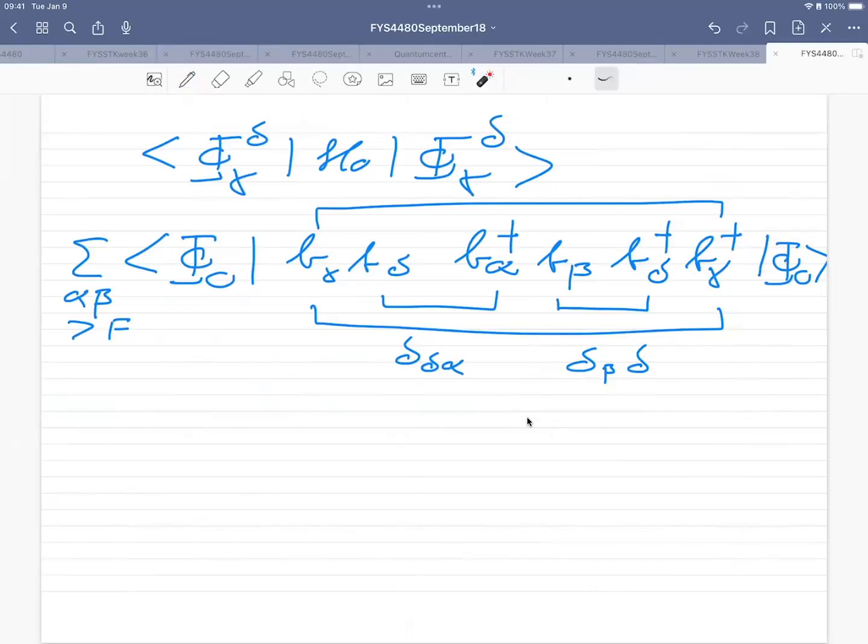Then I'm going to have additional terms. And these additional terms which we have, there's going to be a new term here where we have plus, and let's just set up that one where alpha is larger than F and beta less than F. And then we have the operators, and then I'm just going to put in this B alpha dagger and B beta, and then I have plus.